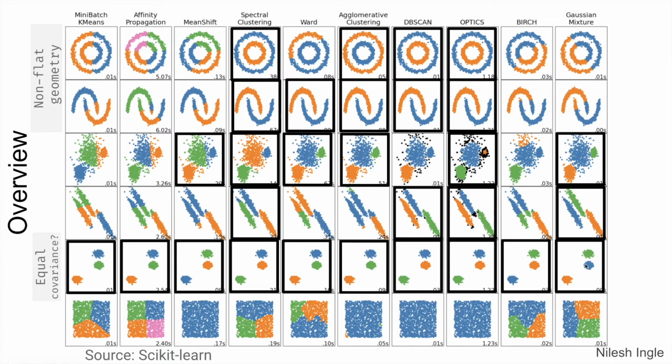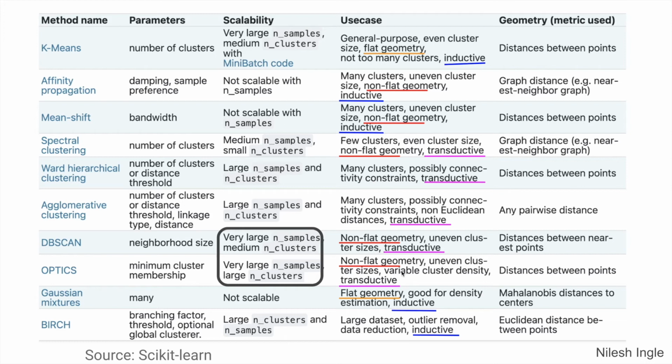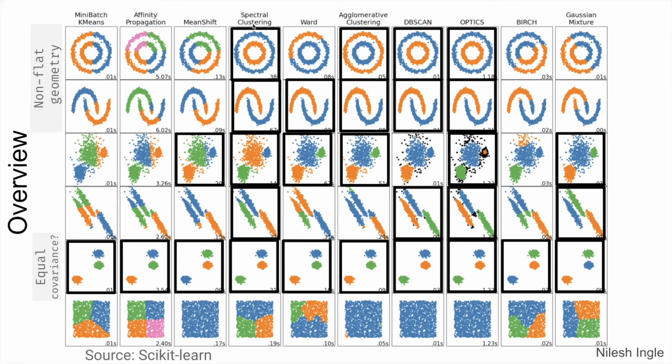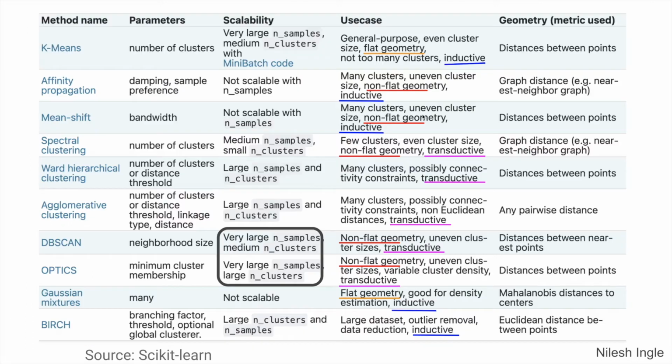For non-flat geometries, we have affinity propagation, mean shift, spectral clustering, DBSCAN, and OPTICS. Those three right here would be in the non-flat, and then these two, DBSCAN and OPTICS.